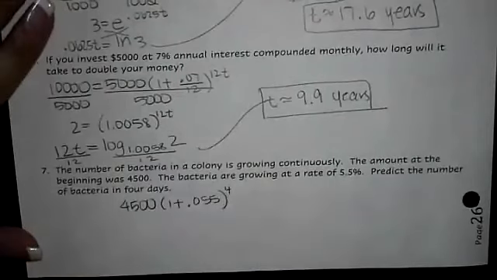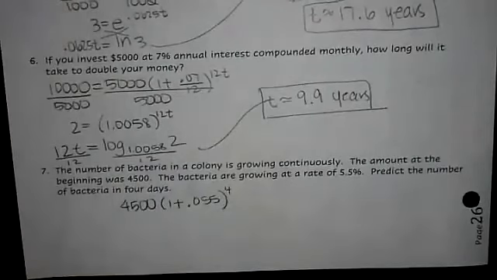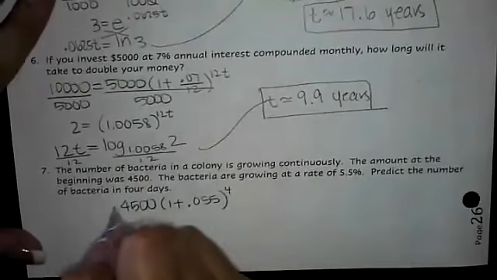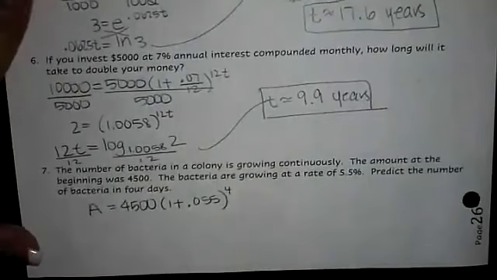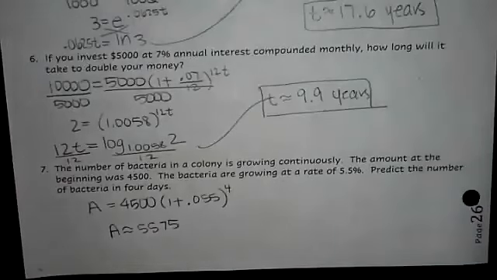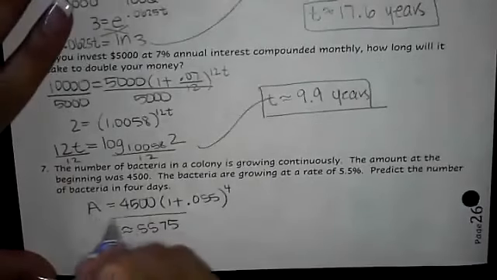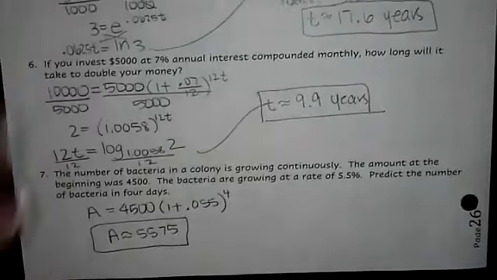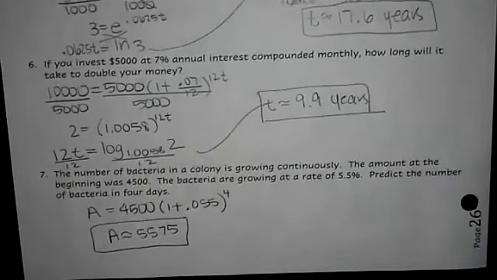So 4 is going to be my time. And so now we're ready to plug this in the calculator and verify how many bacteria we have. So we're going to have 5,575 bacteria in the colony. Notice that I did not leave any decimals because we can't have a partial bacteria.